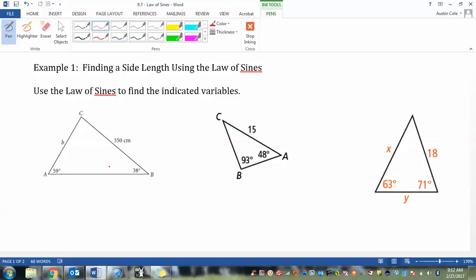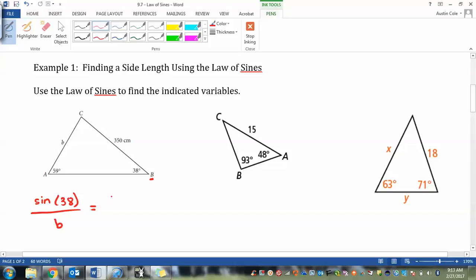Now, if I'm trying to find side B here, this is angle B, obviously because of that, but also because it's across from side B. So I need to say the sine of 38 degrees over B. So the sine of B over B equals, and I'm going to use these two. Again, they need to be across from each other.